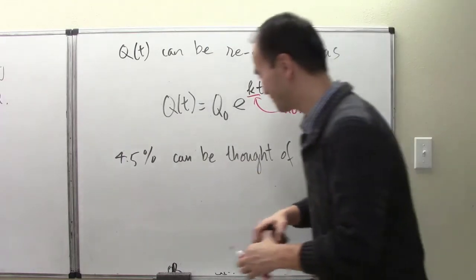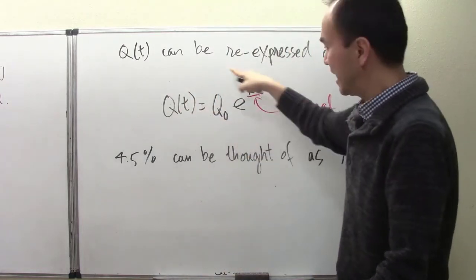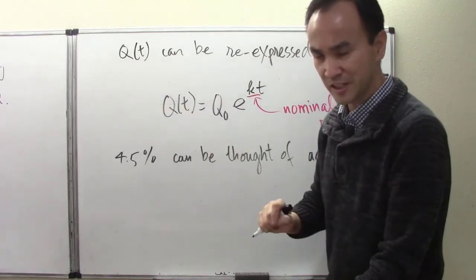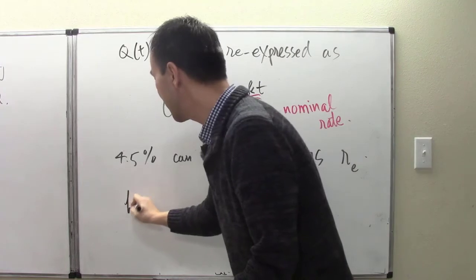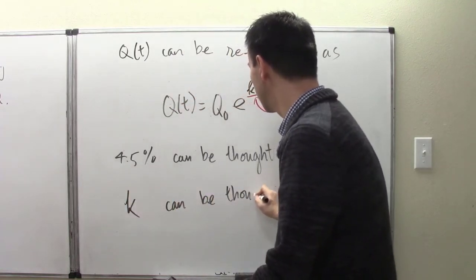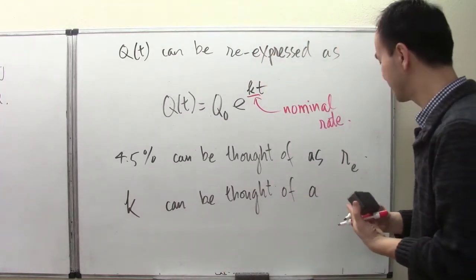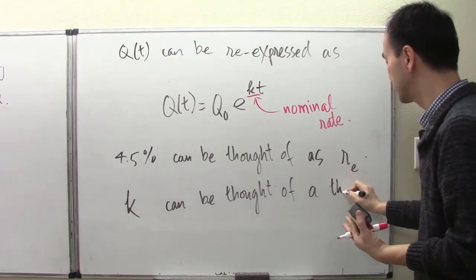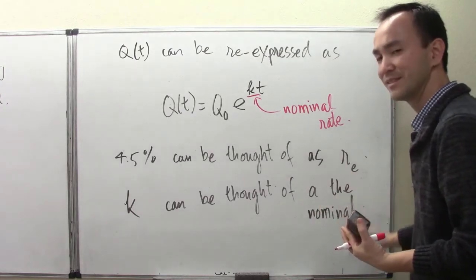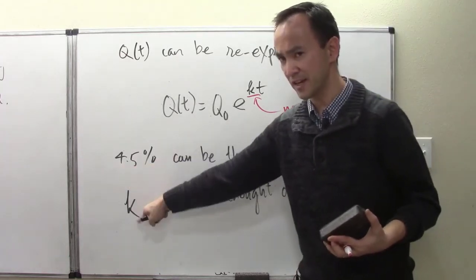And then this k in our exponential function that models this continuous growth process can be thought of as the nominal rate. That's the difference right there. So definitely 4.5% is not k.